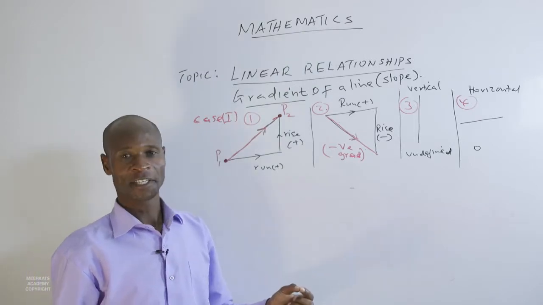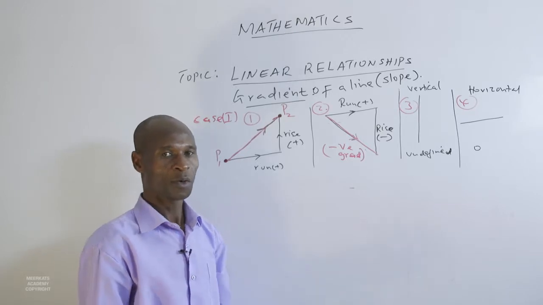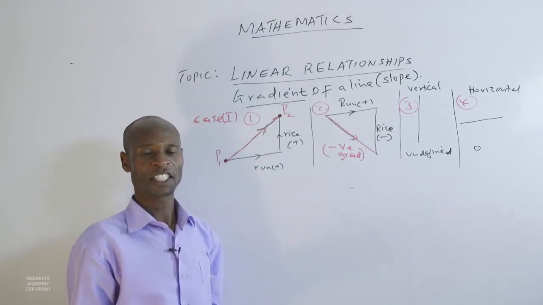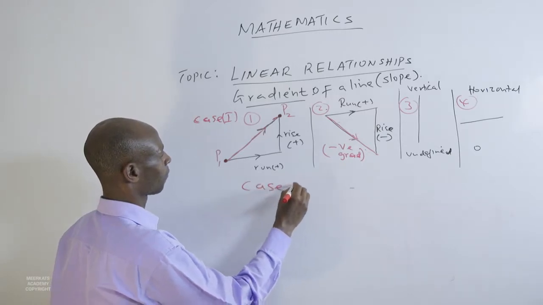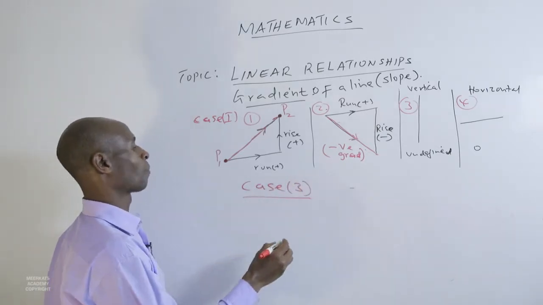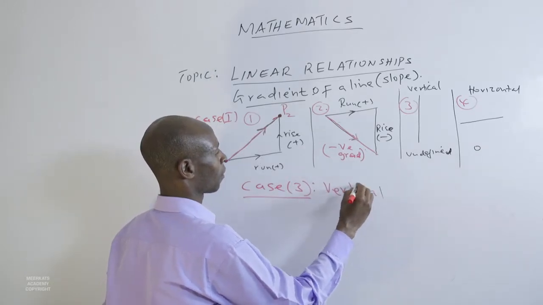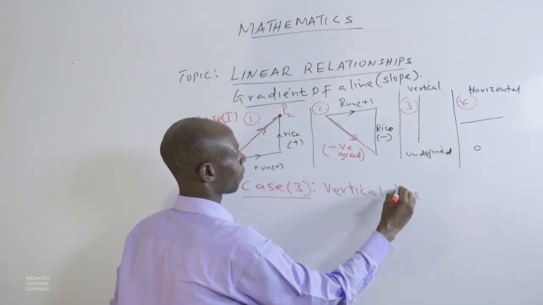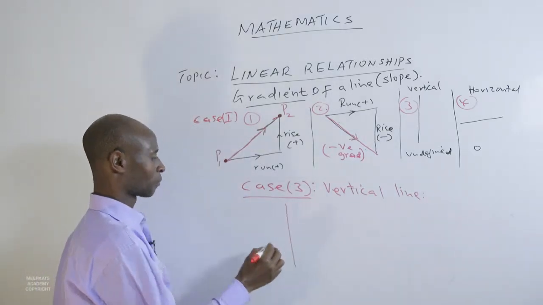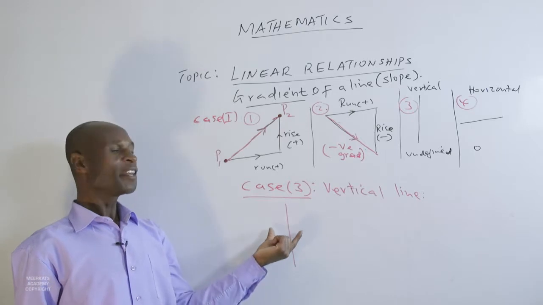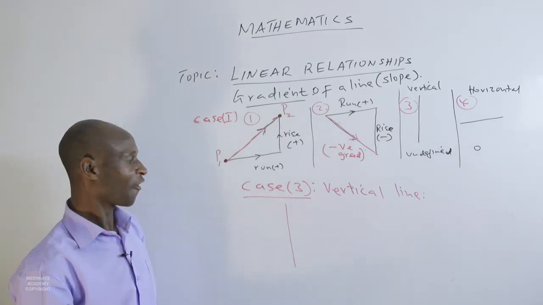Let us proceed and discuss this case 3, which is representing a vertical line. When the line is vertical, then there is a rise.